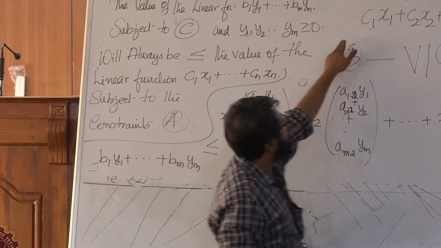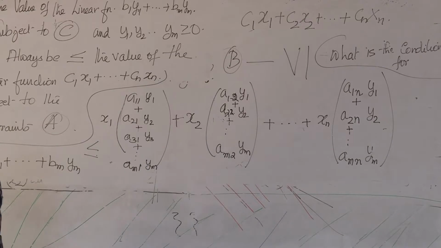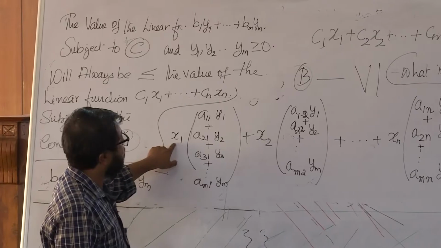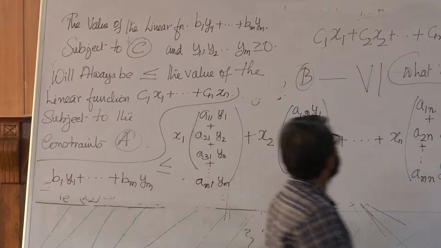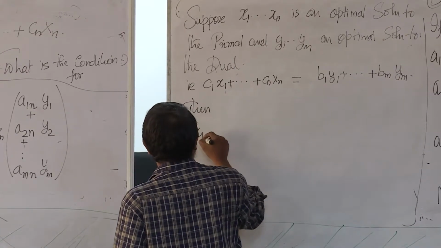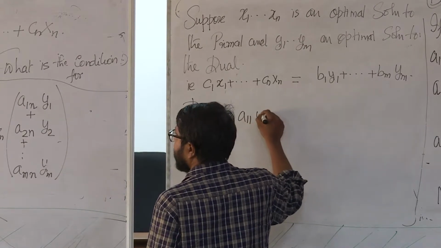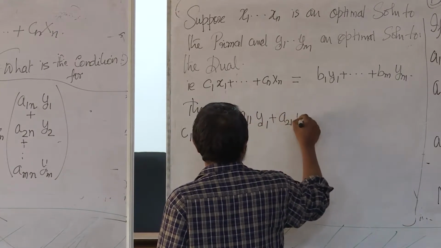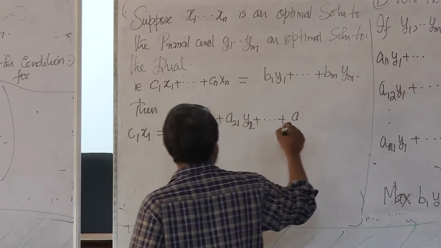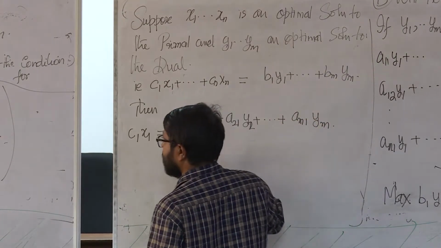So, if x1 to xn is an optimal solution for this and y1 to ym is an optimal solution to this, then I can surely see that C1 x1 should be equal to a11 y1 plus a21 y2 plus am1 ym, into x1, right?